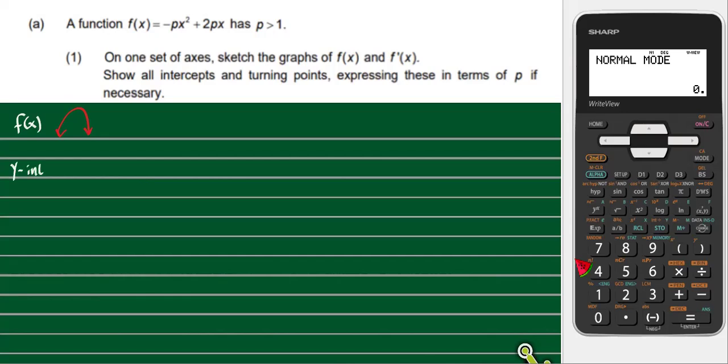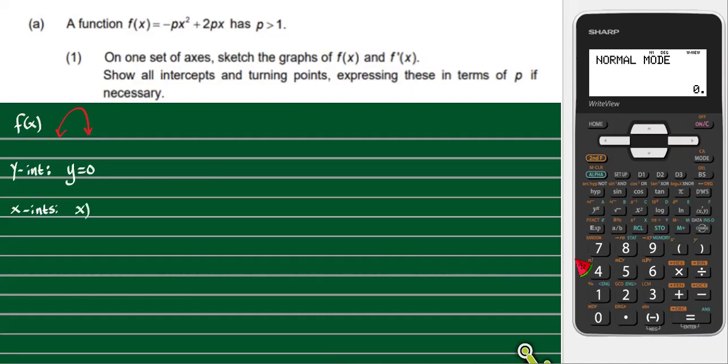For the y-intercept, you know x must be 0. When you put 0 everywhere where there is x, you're going to find that y is 0. Okay, next we want the x-intercept. You make the equation equal to 0. So what you can do is factor out x.